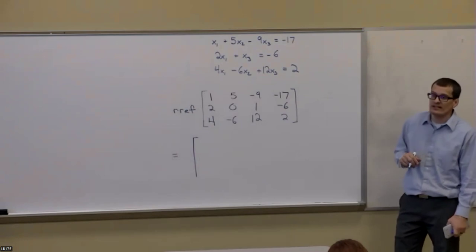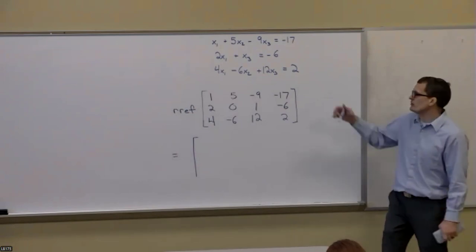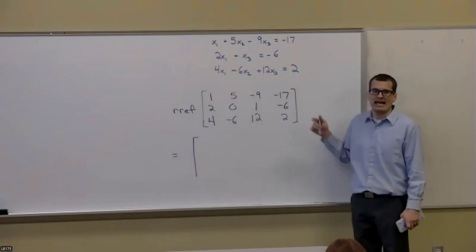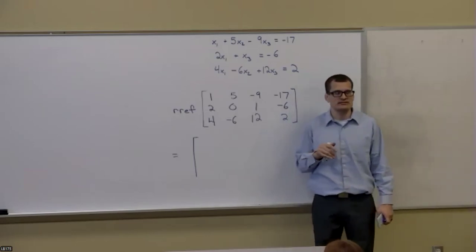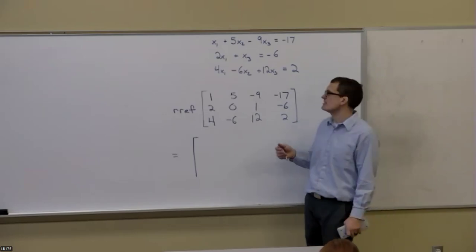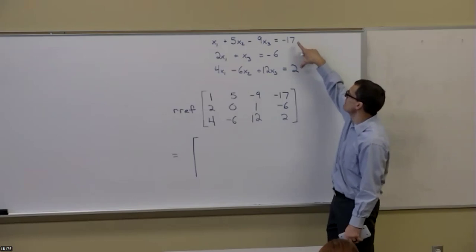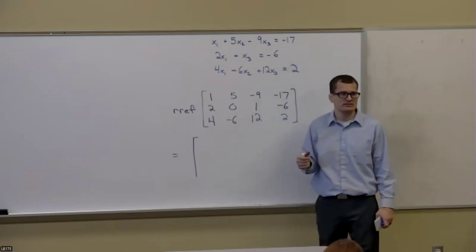Now, this one, if you did this by hand, would take a long time, both using Gaussian elimination and using the techniques we did when we were solving systems of linear equations. Remember, we had to take two pairs and eliminate one of the variables.